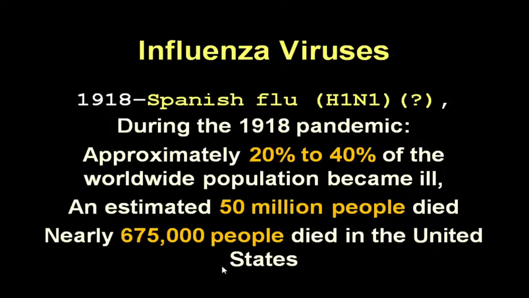Nobody wanted to tell how many people died of it. But only Spain published the results of the surveillance and demonstrated how many people died of influenza virus. So that's why it had been called Spanish flu.